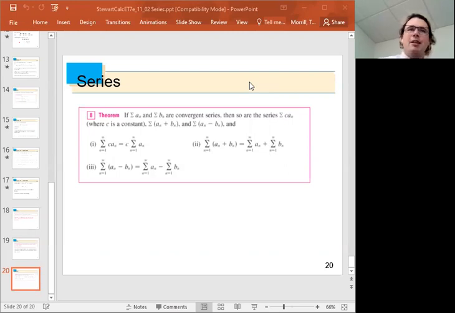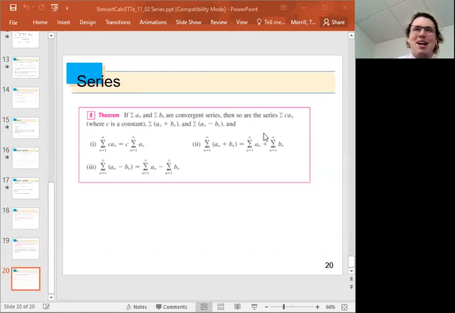Number 2 is the addition rule. If you are trying to take a series and all your terms look like a sub n plus some different b sub n, and as long as those 2 different series converge by themselves, well, then we can just take the series of the a's first, compute whatever that's going to be, take the series of the b's next, and then add up those resulting limits.